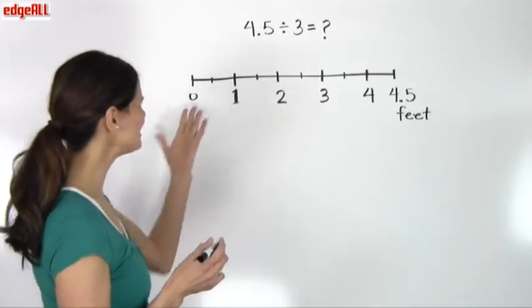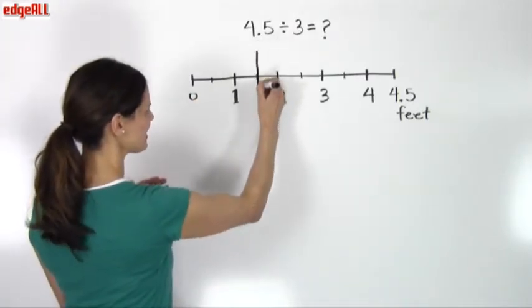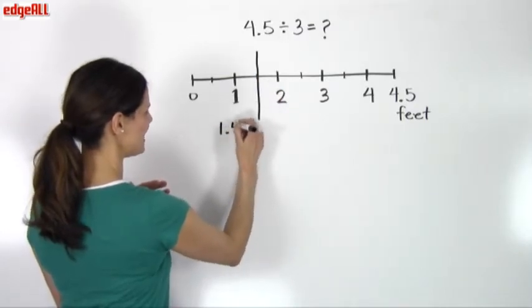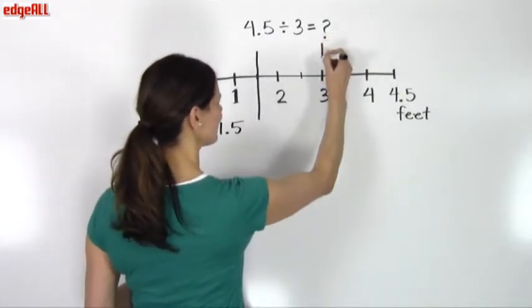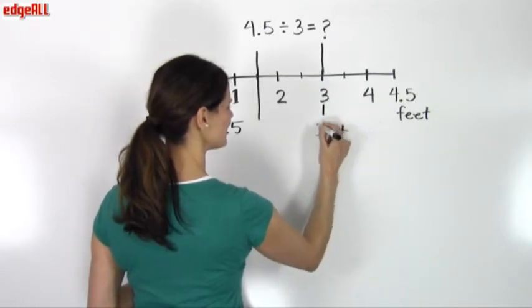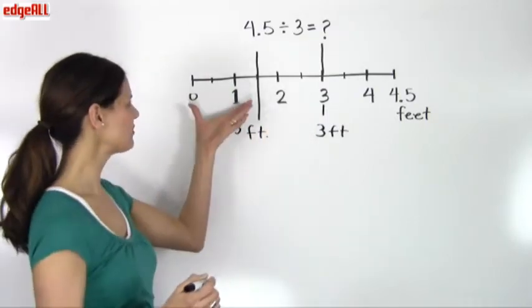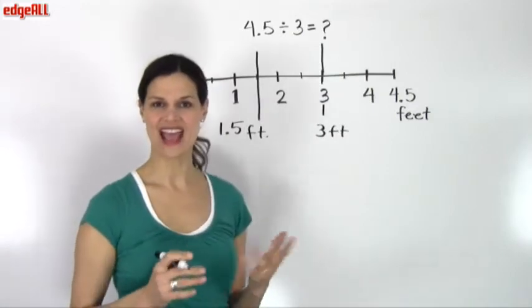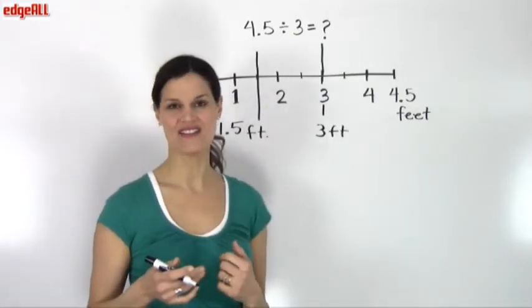And so what I would do in a case like this is if I wanted to divide into 3 even sections, I would make a mark here at the 1.5 foot point, and I would make a cut or a mark here again at the 3 foot point, and I would end up then with 3 evenly divided sections of 1.5 feet each, which would give me the total then of 4.5 feet.